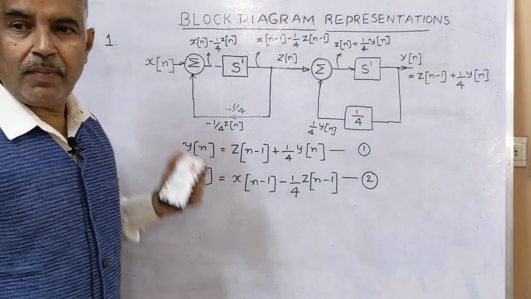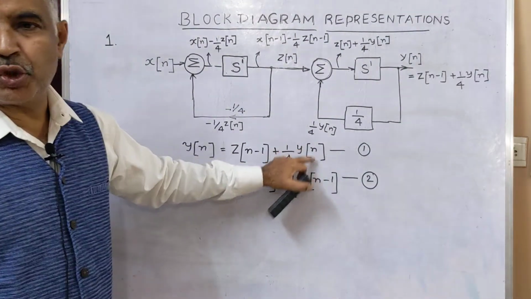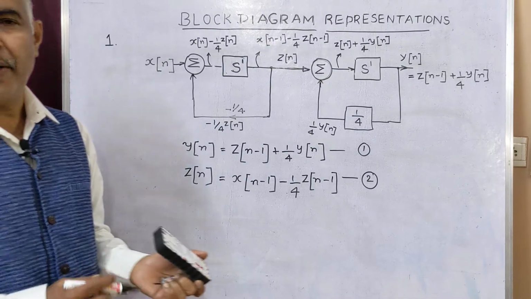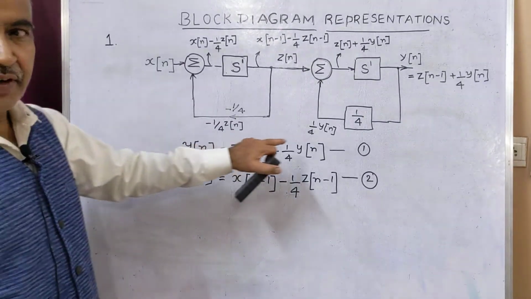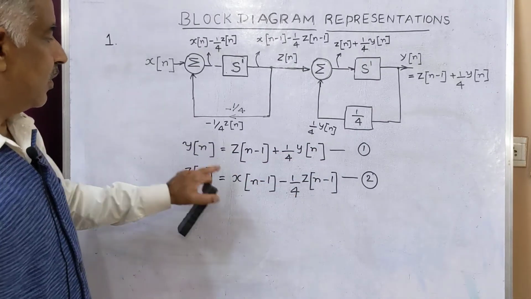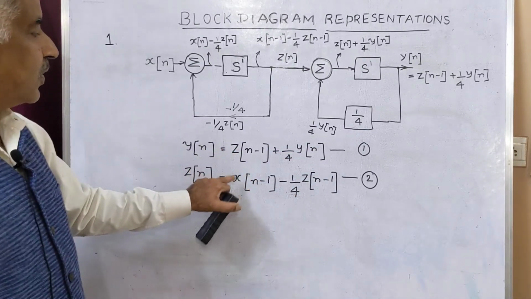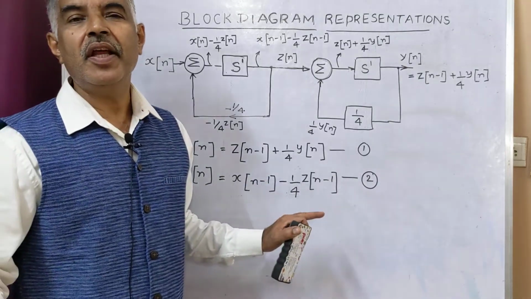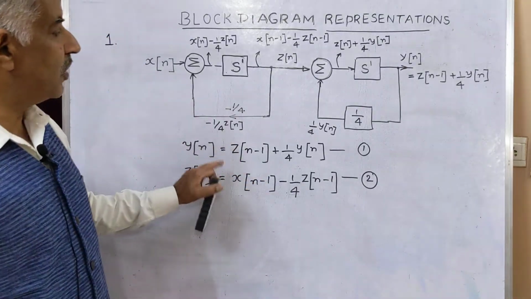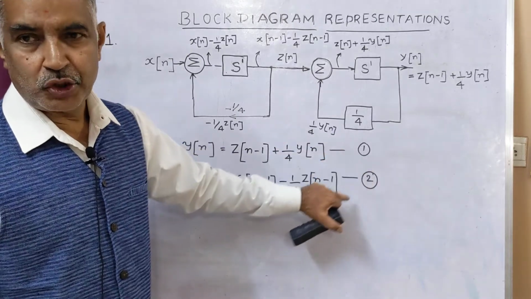We have to manipulate these two equations, and z of n or z of n minus 1 should not appear in the difference equation. We shall see how to manipulate these two equations.